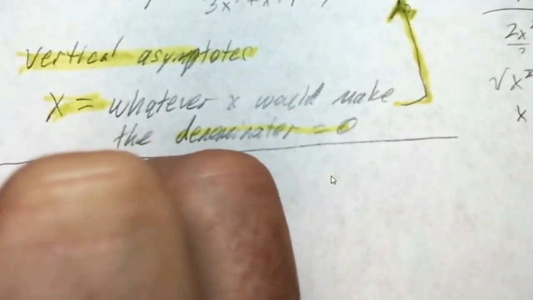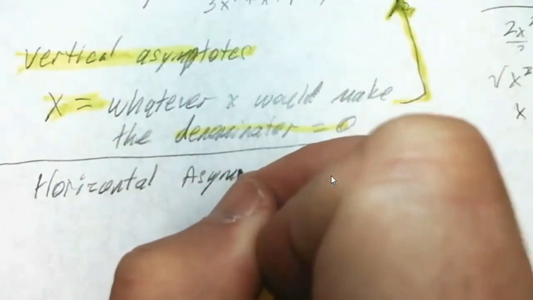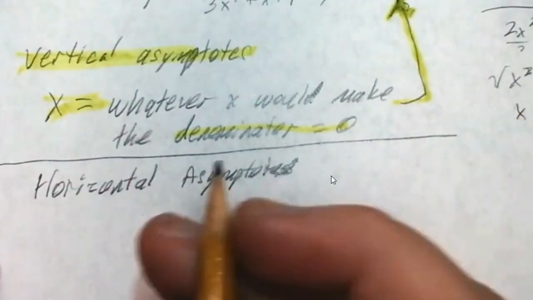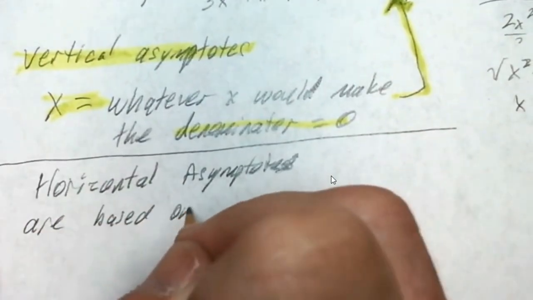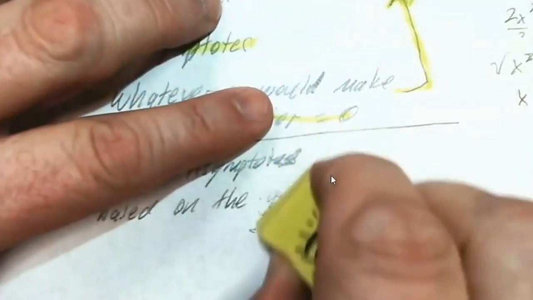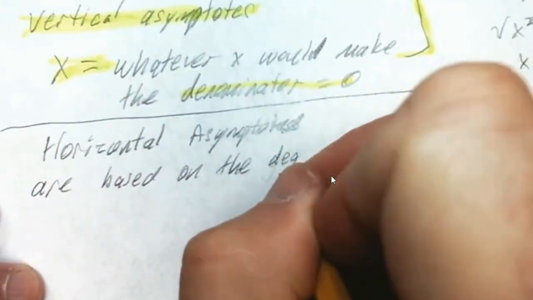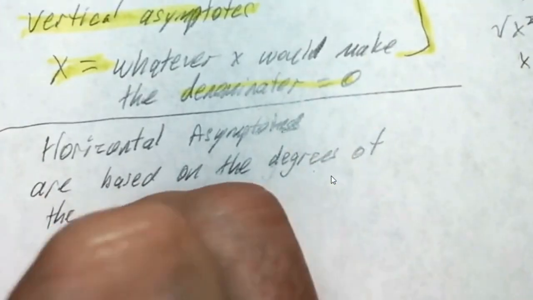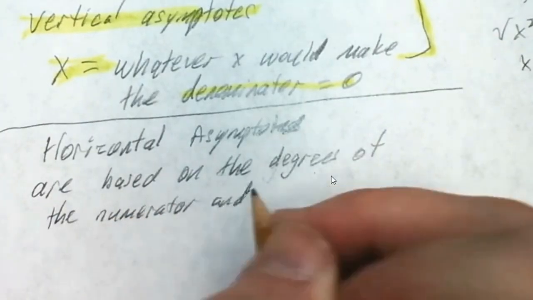Calculating horizontal asymptotes are based on the degrees of the numerator and denominator.